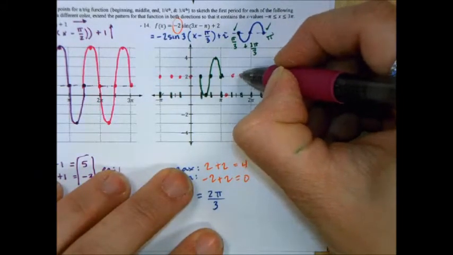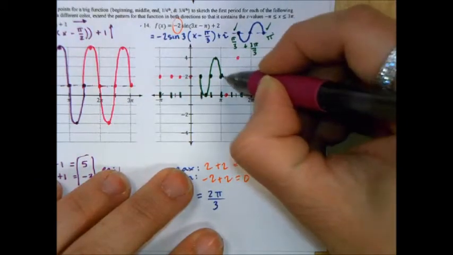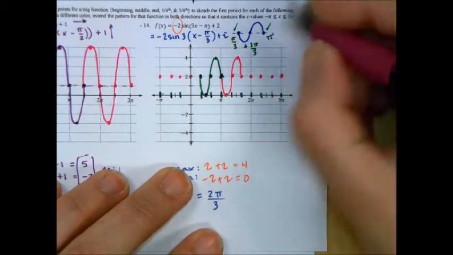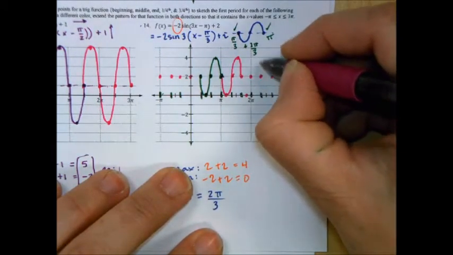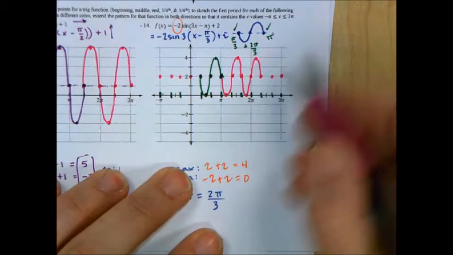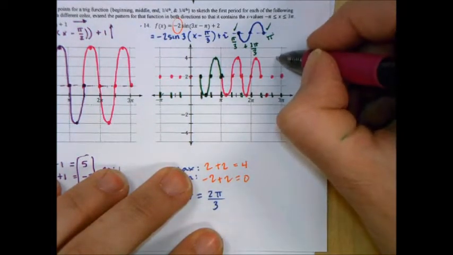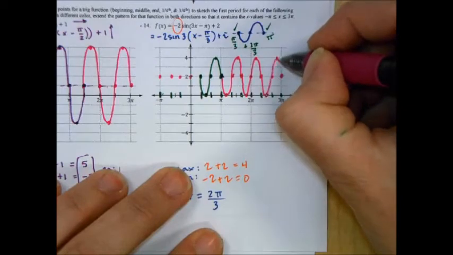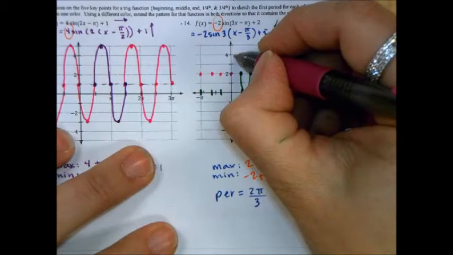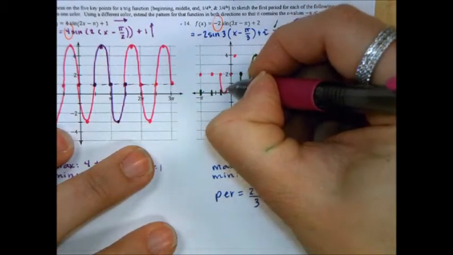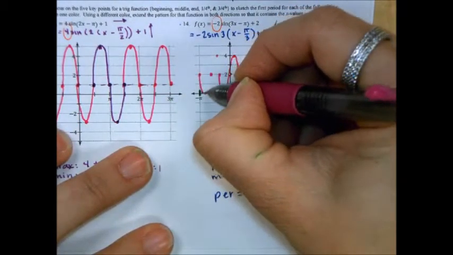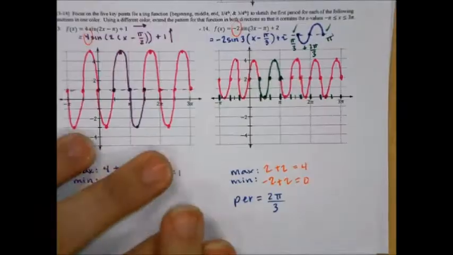Okay, connect these. So now again, in between these 2, a minimum. In between the next 2, our maximum. In between the first 2, a minimum, the next 2, the maximum. Okay, we'll just take this back. All right, so that's 13 and 14 on the sine graph.